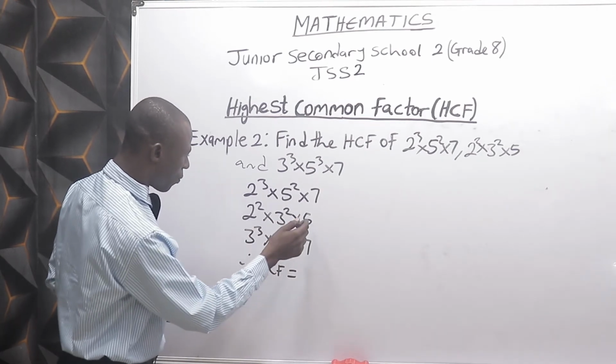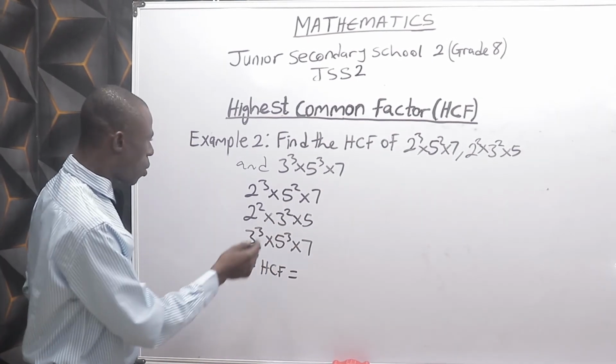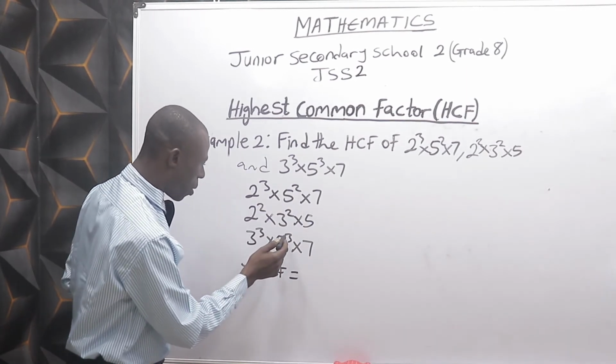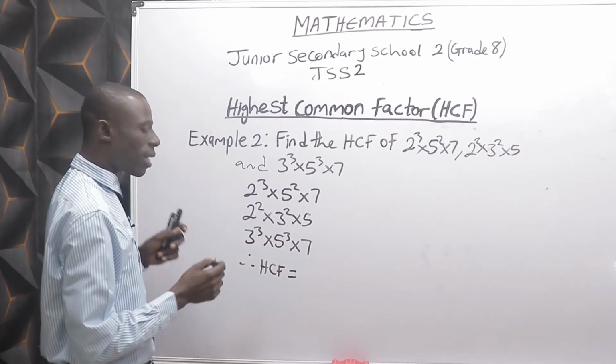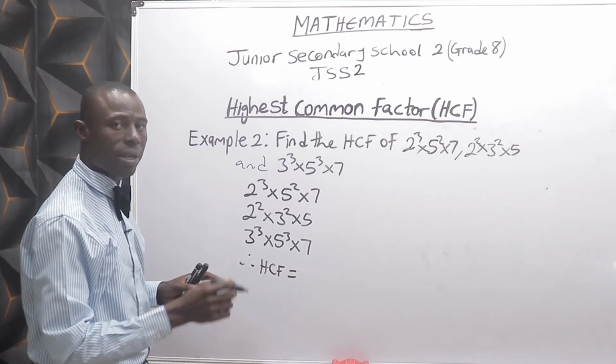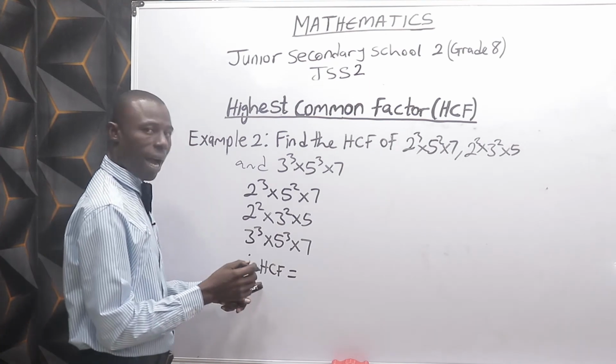So 5 is common, yes. We have 5 raised to power 2 here, 5 raised to power 1 here, 5 raised to power 3. And we take the common factor in their lowest power, opposite of the highest.